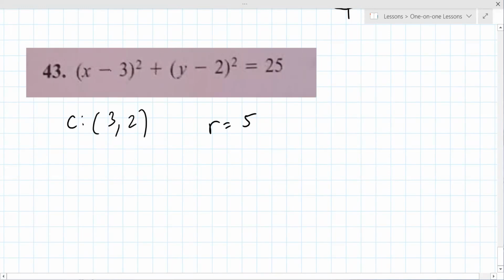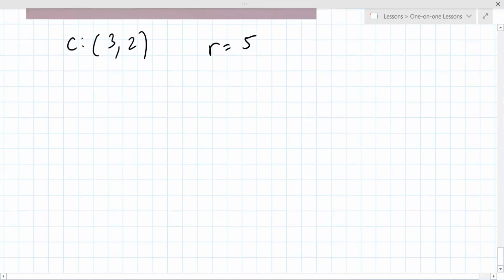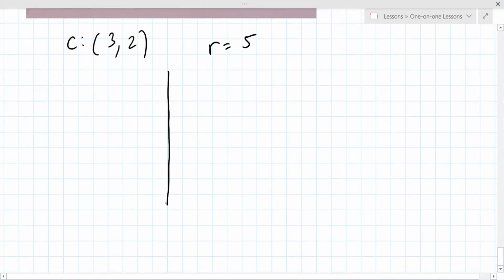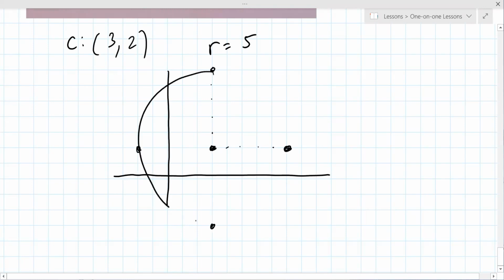Some students remember it as the opposite of this number. Okay, so we've got 3, 2 as a starting point. So that's right there. And then we go up 5, 1, 2, 3, 4, 5, left 5, down 5, right 5, 1, 2, 3, 4, 5.